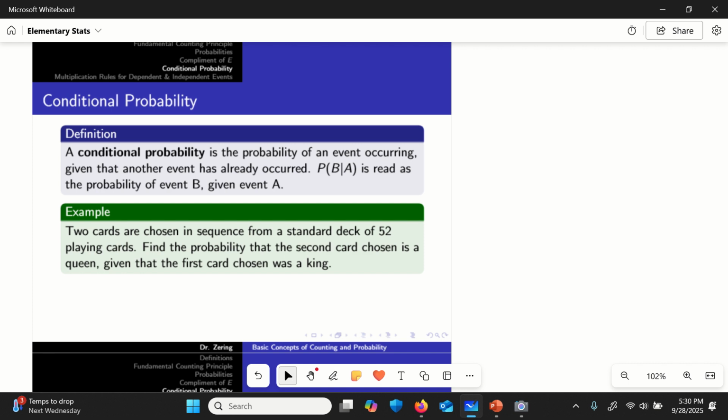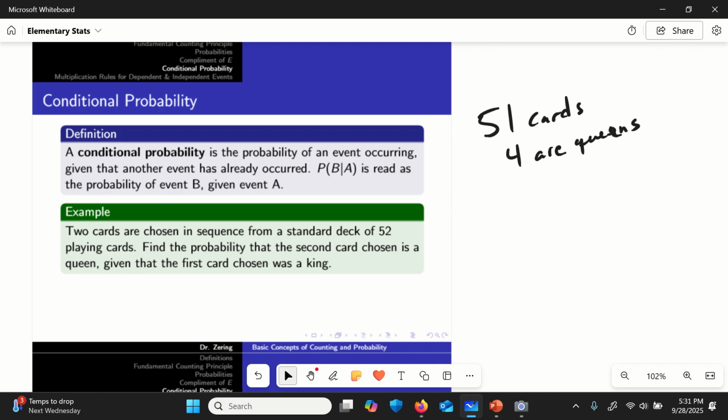Because the first card is a king and it's not replaced back in, when we're picking the second card, there's only 51 cards left in the deck. We took 1 king out already. Of those, so there's 51 cards that we have to pick from for our second choice. Of the 51 cards, 4 are queens.